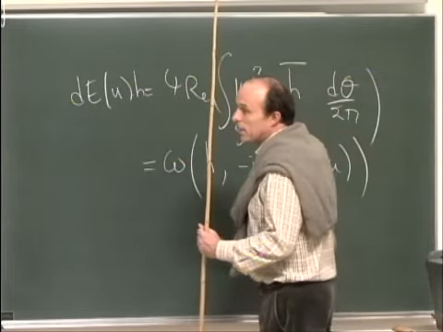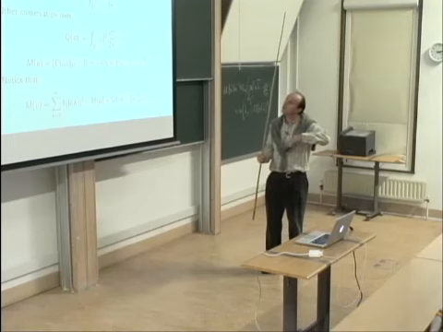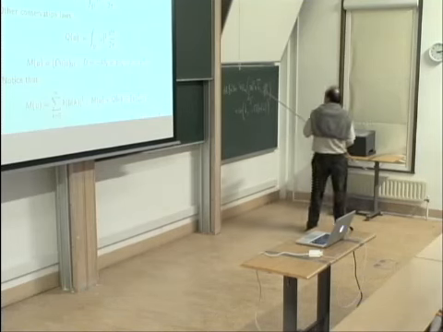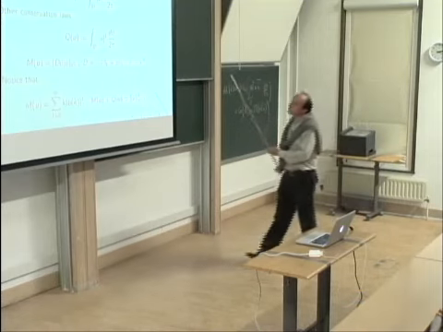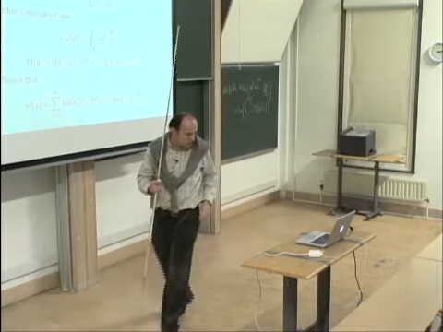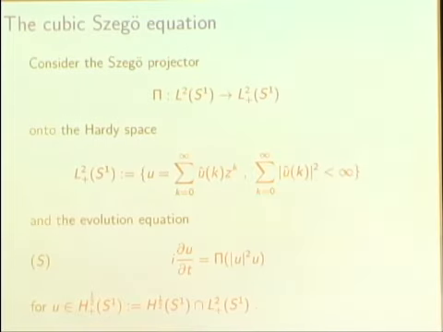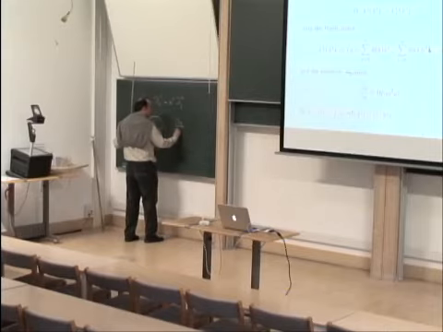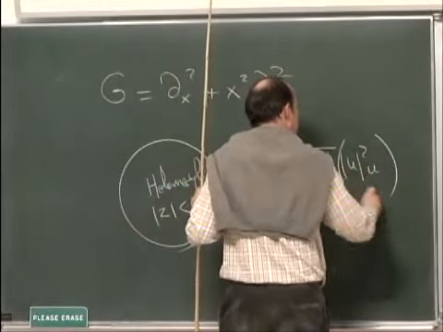So I need pi. Why? Because I need a vector field which is in the phase space L2 plus. So I need to project this onto L2 plus. And that's why I get this strange evolution equation, which is here. Let me write it for you, maybe for the rest of the talk.